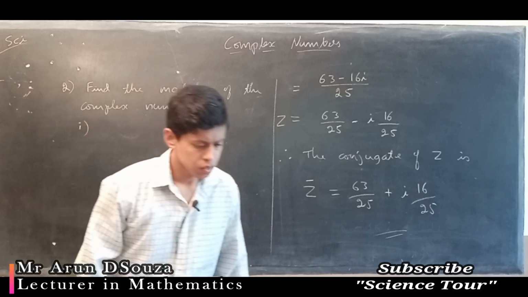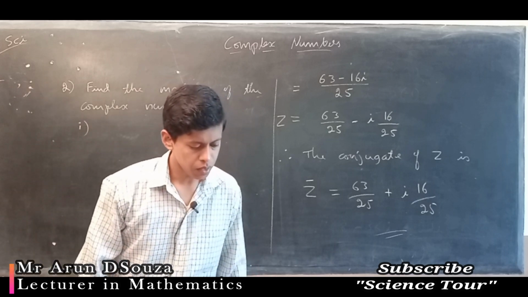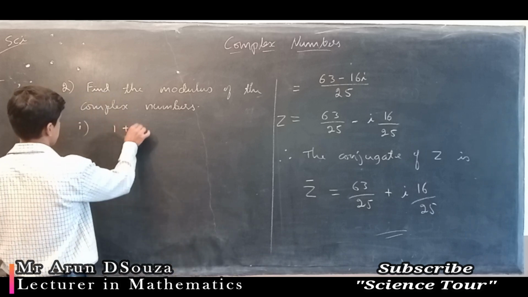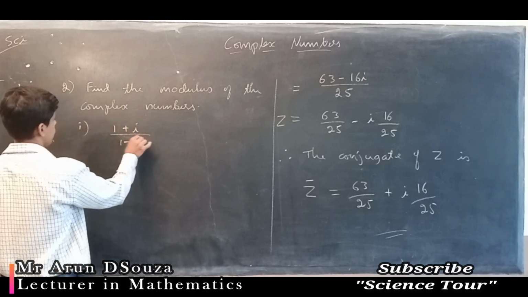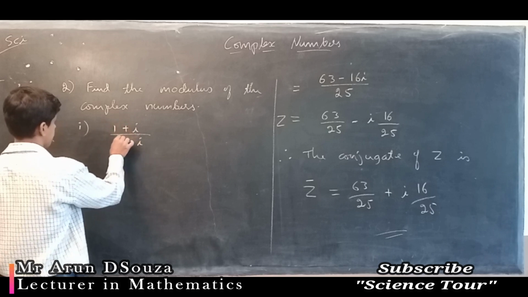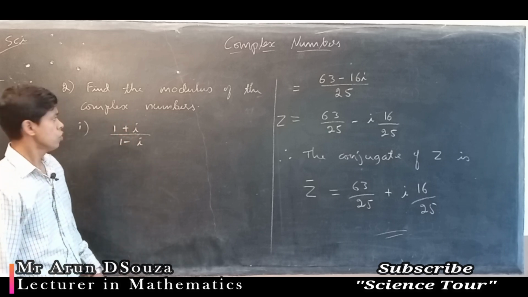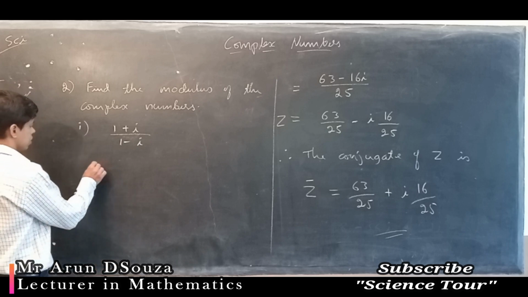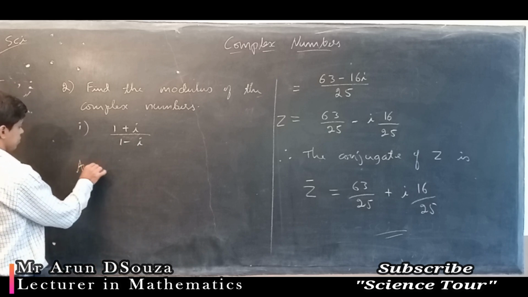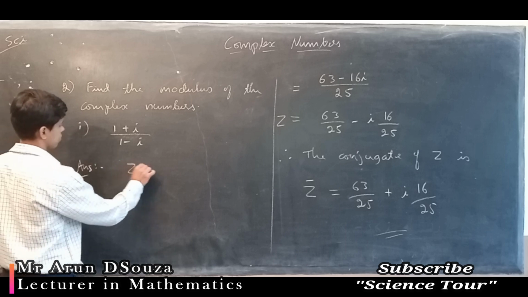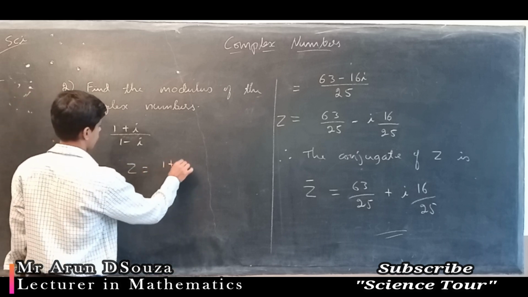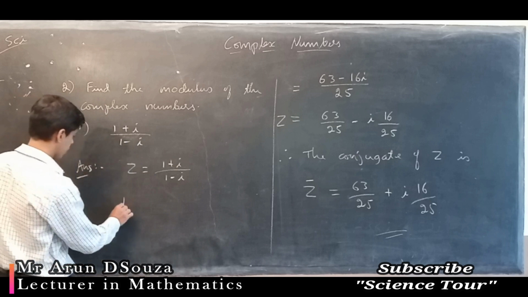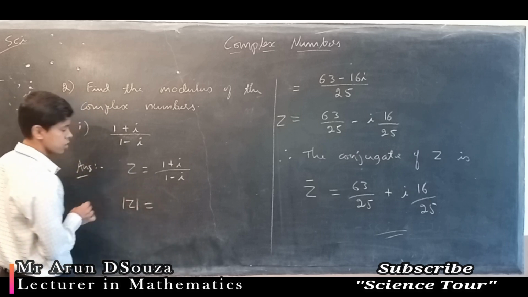First one, you got 1 plus i divided by 1 minus i. Okay, so 1 plus i divided by 1 minus i. You got to find the modulus. See, there are two ways. You have to find the modulus, so find mod z.